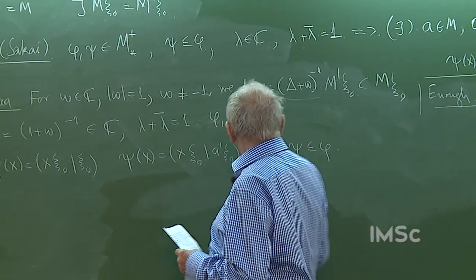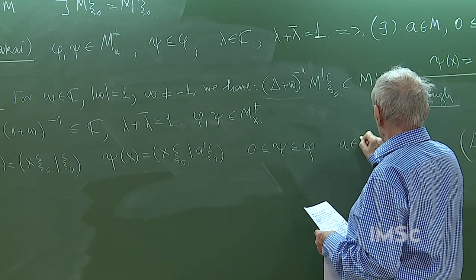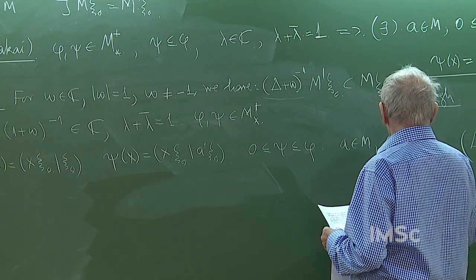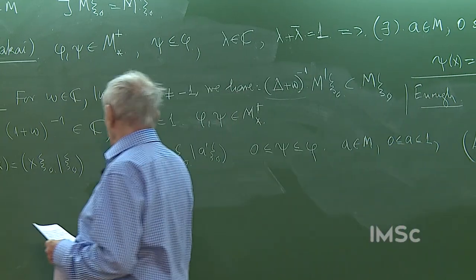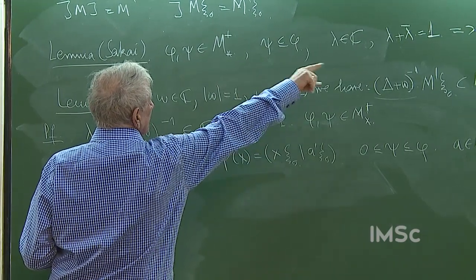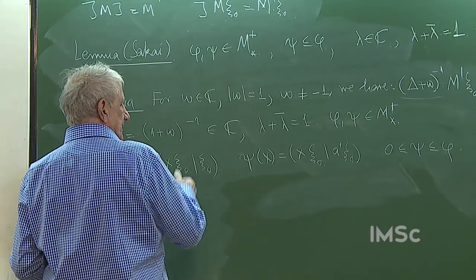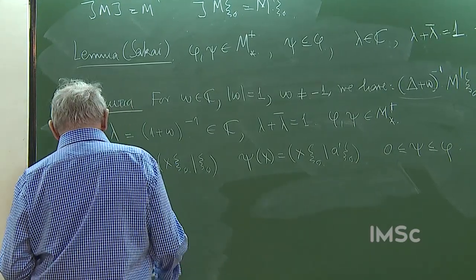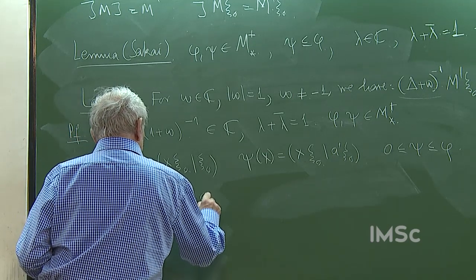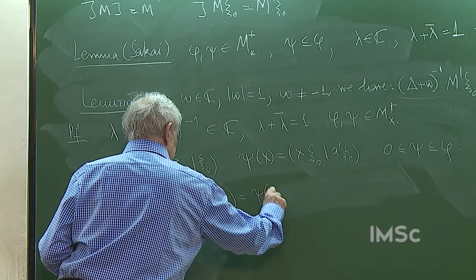and we get an element A in M, 0 less than A less than 1, such that we have what is written upstairs, but I will do it specifically here, namely x psi naught, A prime psi naught. This is psi of x.